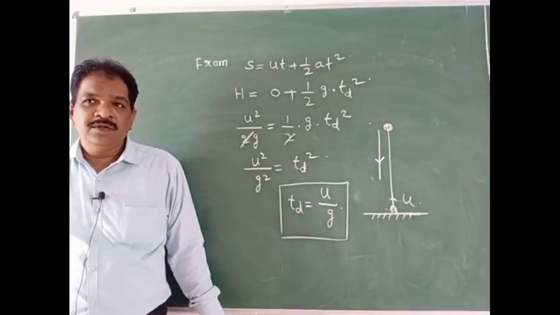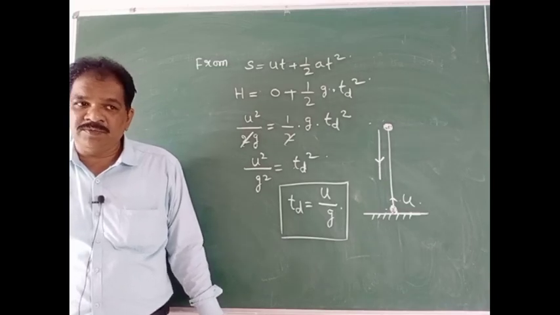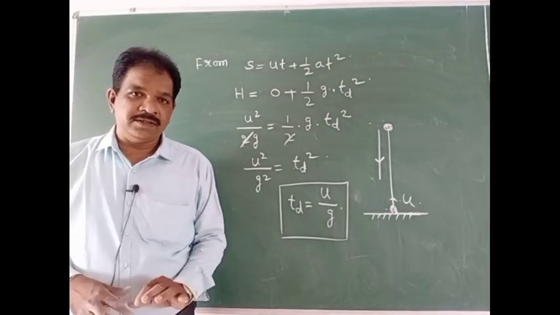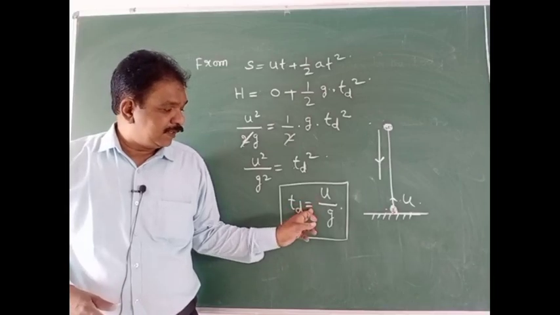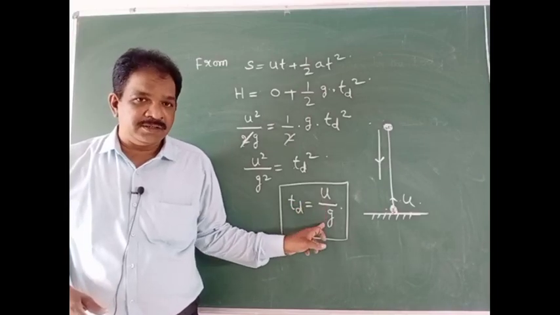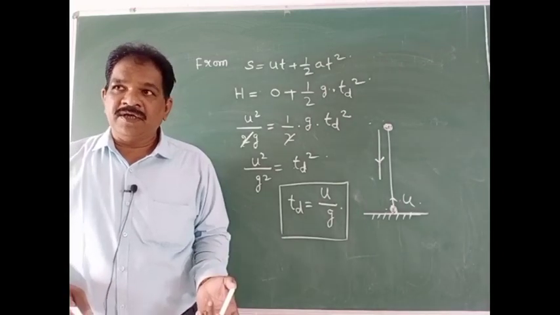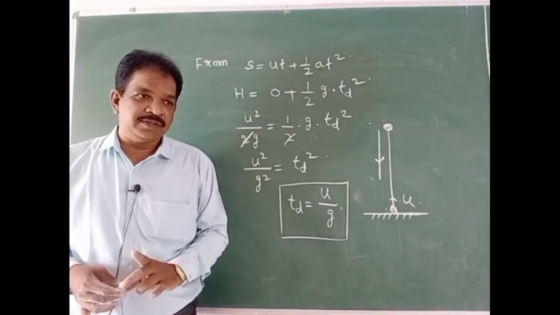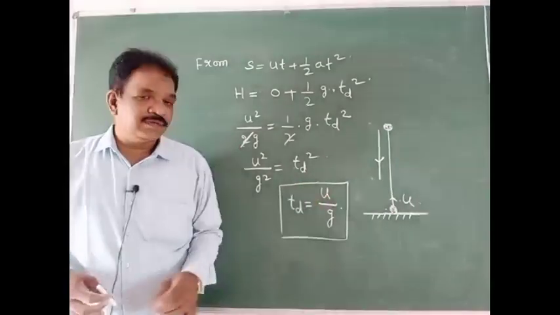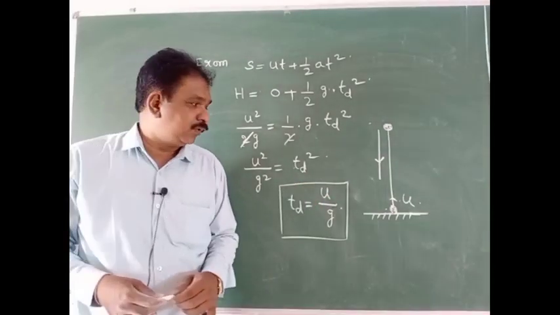Simple only. So time of ascent, how much we got? u by g. Time of descent, how much we got? u by g. From these two, what we can say? Time of ascent is equal to time of descent. Both are equal, TA is equal to TD.